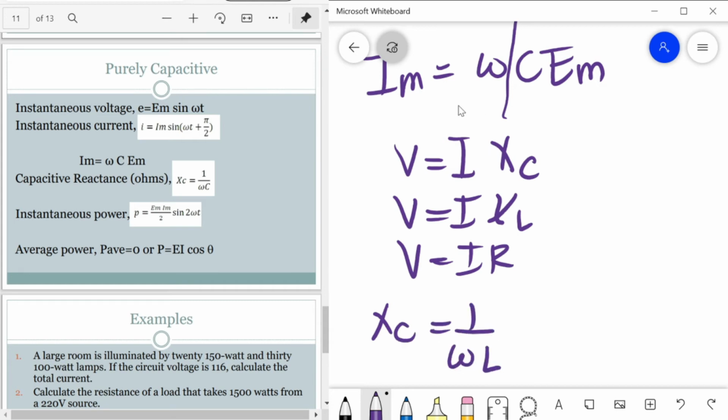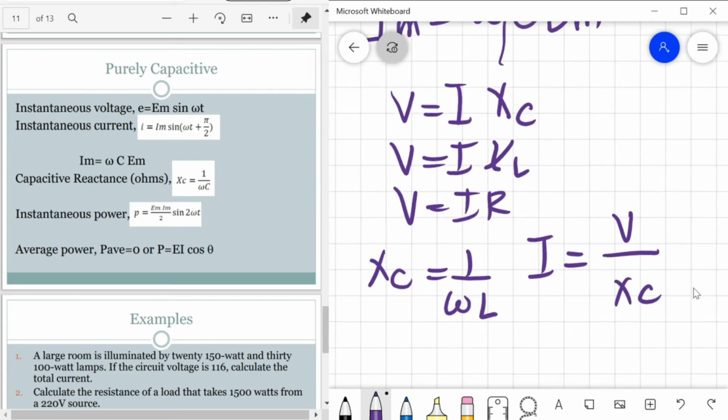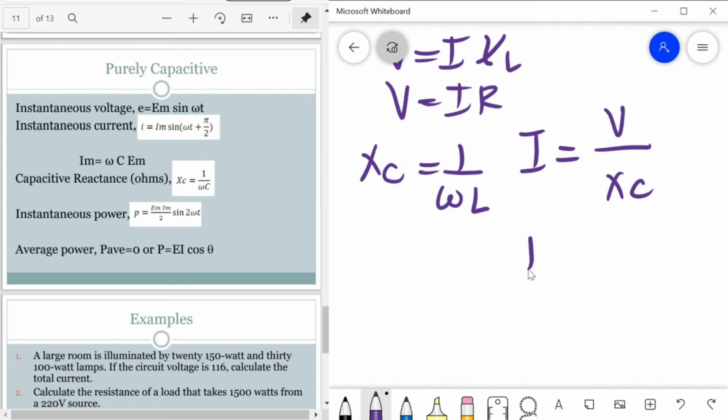If we try to compute this current, we will end up getting I is equal to V all over Xc. So our I is equal to V all over, what is our Xc?